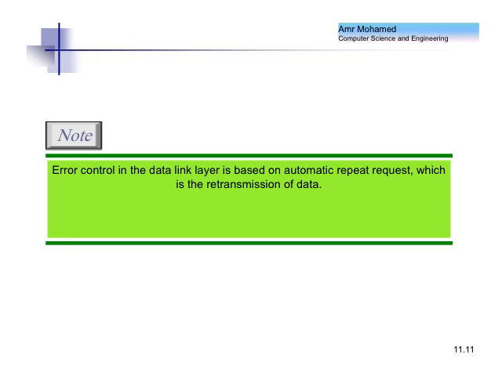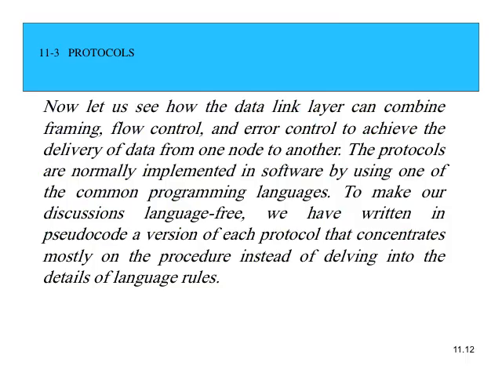So error control, on the other side, talks about automatic repeat request, which means that I should recognize whether an error has happened or not, and if an error happens, then I'm going to retransmit. As easy as that. So now let us see how flow control and error control work.